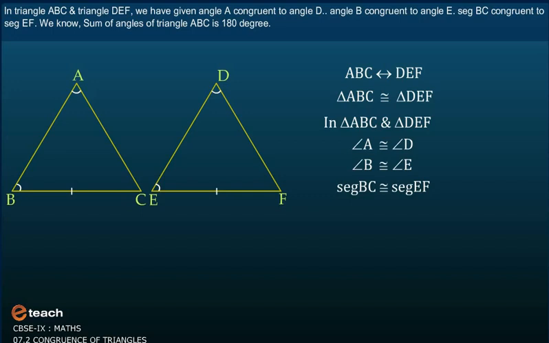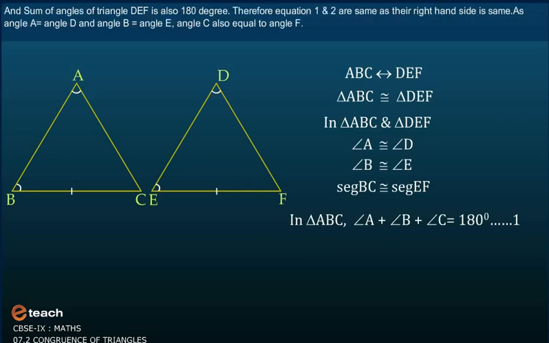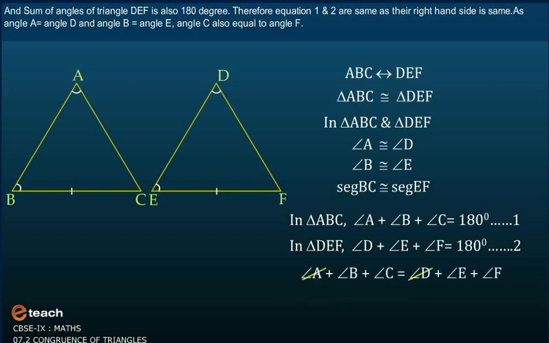We know the sum of angles of triangle ABC is 180 degrees and the sum of angles of triangle DEF is also 180 degrees. Therefore, equations 1 and 2 are the same as their right hand side is the same. As angle A is equal to angle D and angle B is equal to angle E, angle C is also equal to angle F.